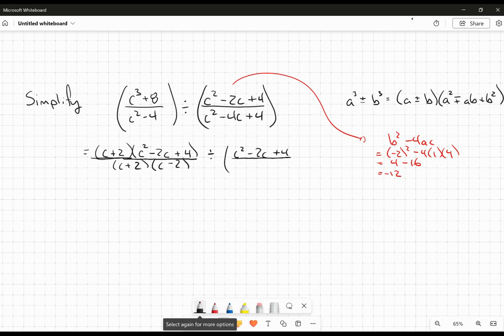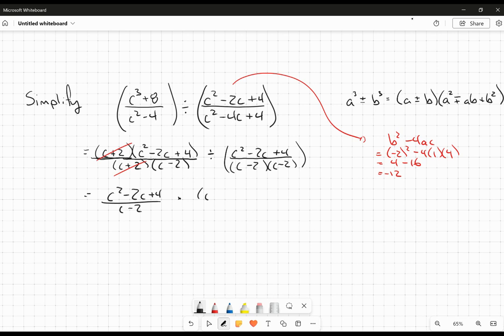My denominator, on the other hand, is going to be c minus 2 times c minus 2. That is a perfect square trinomial. Now, we'll do a little bit of canceling here. I know that the c plus 2 is going to cancel. Then I'm going to multiply by the reciprocal.